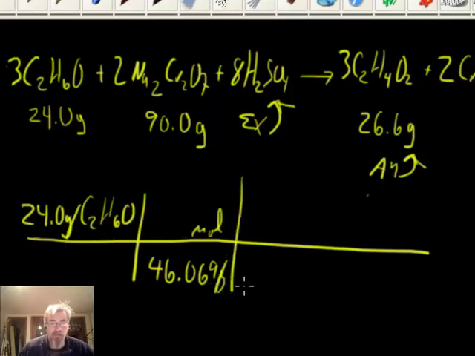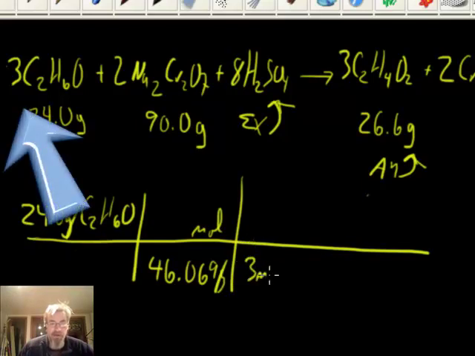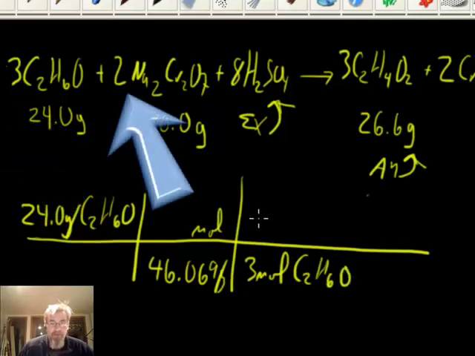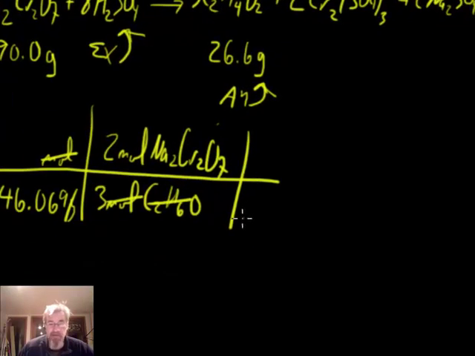That calculation gives me moles of C2H6O. And there are 3 moles of C2H6O for every 2 moles of sodium dichromate, and that's just from the balanced chemical equation. So now I've converted into moles of sodium dichromate, but I'm given sodium dichromate in grams, so I want to convert back to mass.